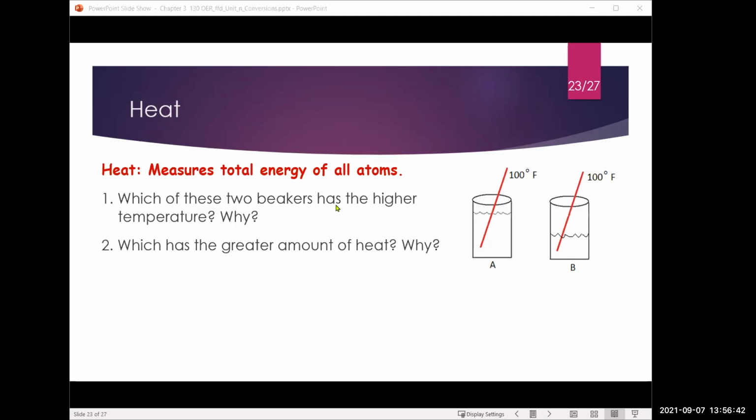But the question is, which has the greater amount of heat, A or B, or the greater amount of energy? Let me put it to you this way: if you had a choice to have that warm water spilled on you, which one would you select, A or B?